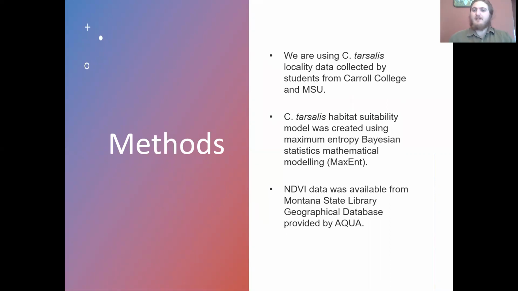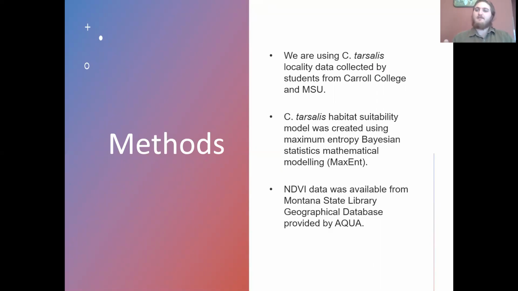I've used a mathematical modeling program called MaxEnt, which stands for maximum entropy, and this uses Bayesian statistics. In this program, you load in several different predictors. Predictors are ecological layers in this sense. So we load in things like precipitation, vegetation, in my case with NDVI, and land cover, so different categories of land.